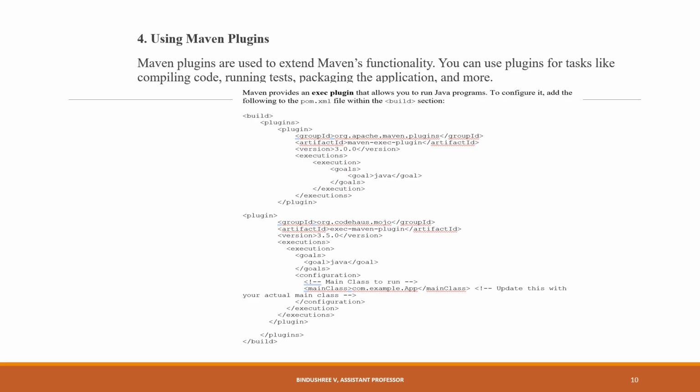To execute the Maven plugin, like compiling, running, testing, packaging, everything, we should include this one group ID, and it will automatically download, and its version should be 3.5.0. Okay, and this is how we are supposed to include a plugin. You should write it as plugin, group ID, artifact, version.